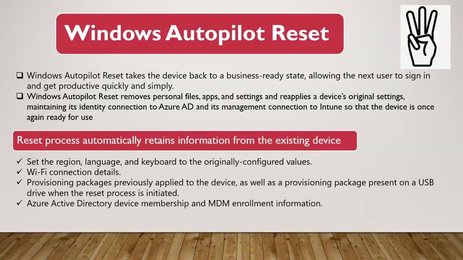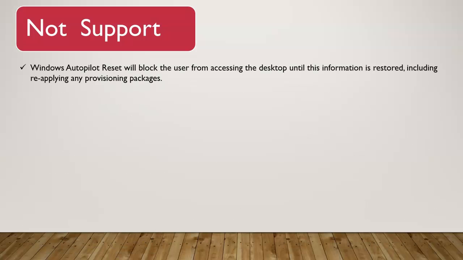These are the things which will already be there, and you're not resetting them. When you do the reset, it's not going to wipe the relationship between Azure AD or your MDM, or mobile device management services, which is your Intune, so it will be in a managed state. It's just the personal settings of the user and the files and the apps which are going to be reset.